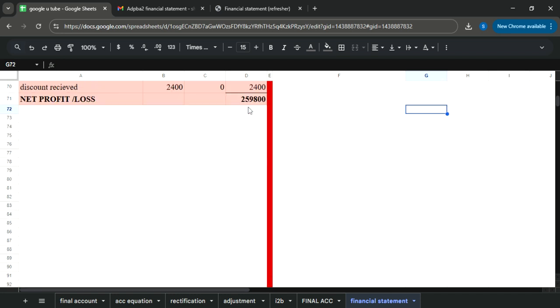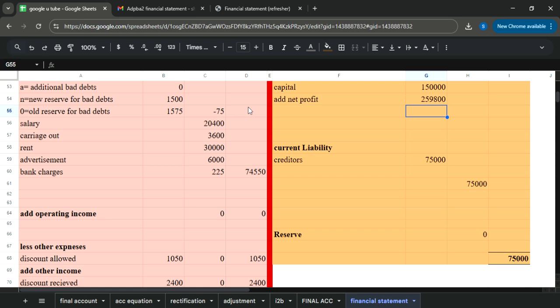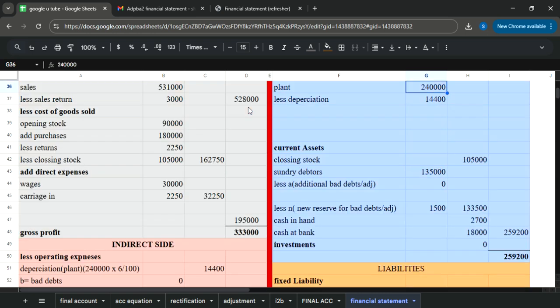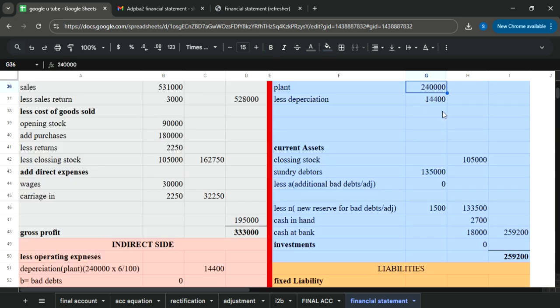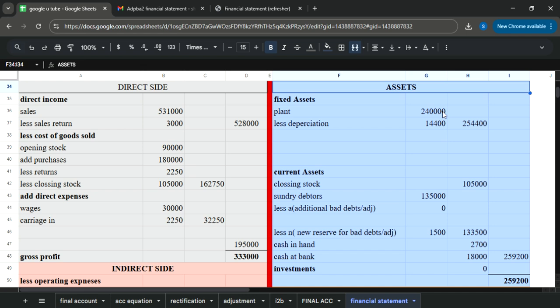Let's check it out again, 259800. Alright guys, and our answer we have also matched, 259800. Now capital plus net profit, we have got our fixed liability.